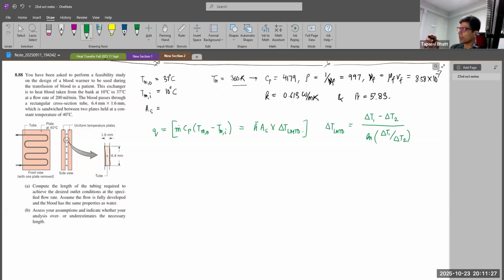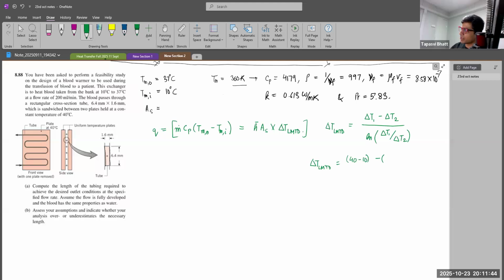37, 10 to 37. Okay, so delta T LMTD here would be, what is the delta T at the first point? It is 40 minus 10, right? Minus, what is the delta T at the end?